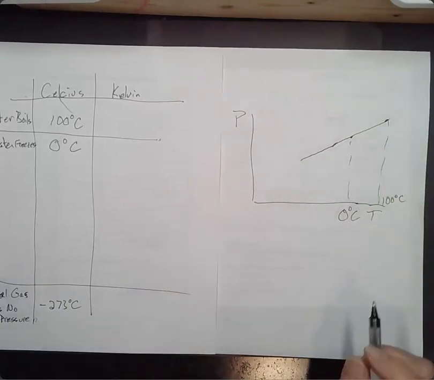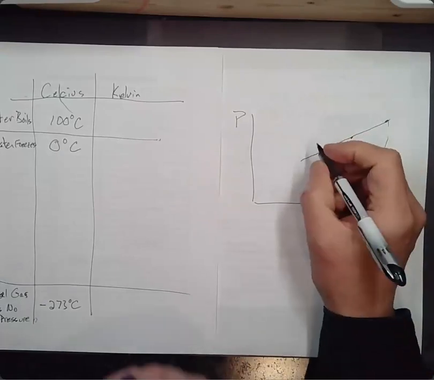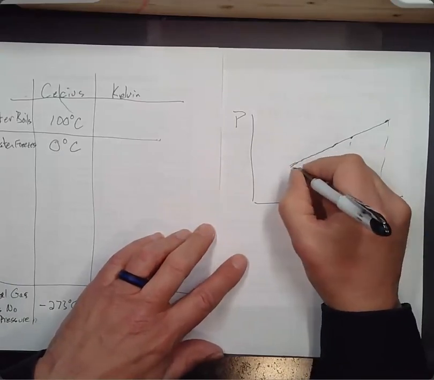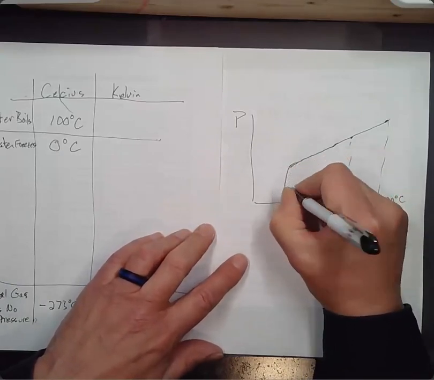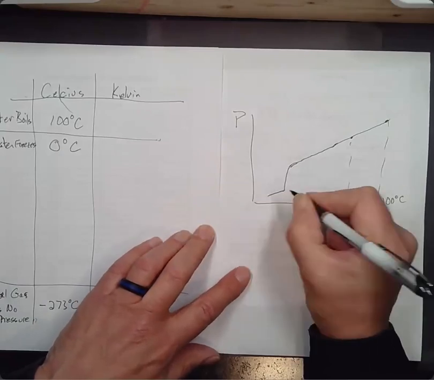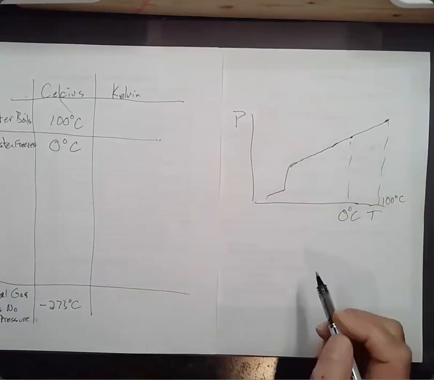Although with some gases, like say if you had ordinary air in the thing, at some point, instead of following this linear thing, it would just plummet, and then it would go at a different angle for a while, and then it would plummet again, if you could do that.